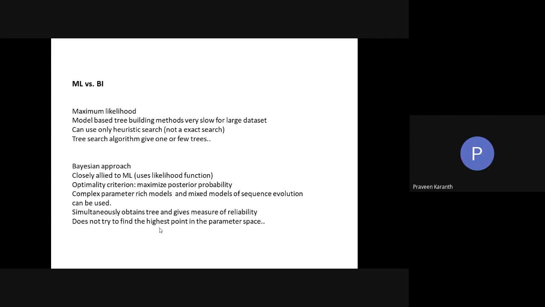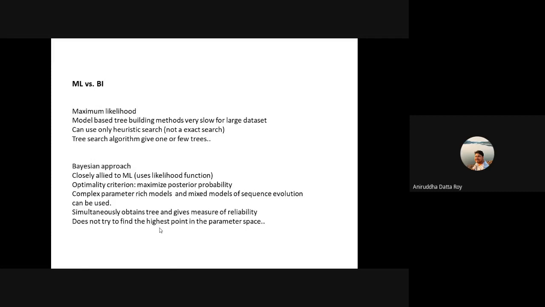Also, the way likelihood works, it uses whatever heuristic function, and it gives you one tree which is completely resolved. That may or may not be the tree with the highest likelihood. It just depends on whatever heuristic function you're using.